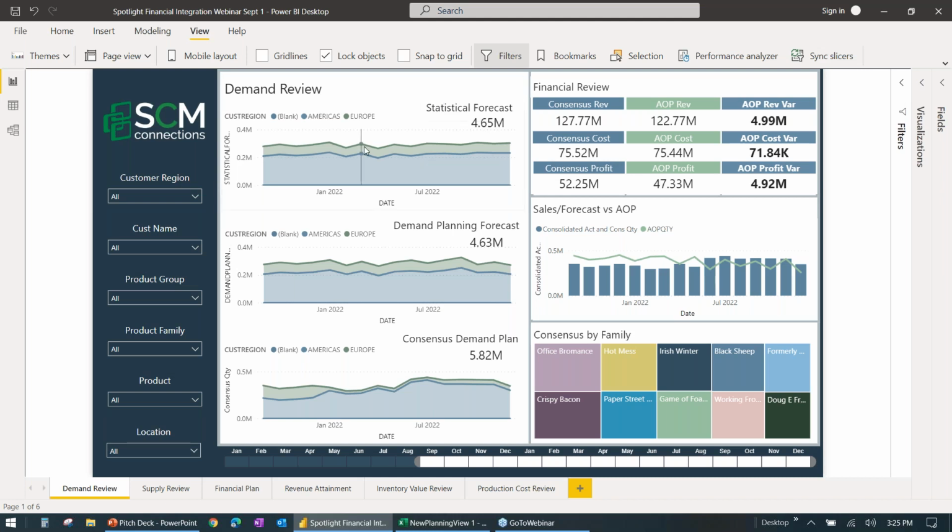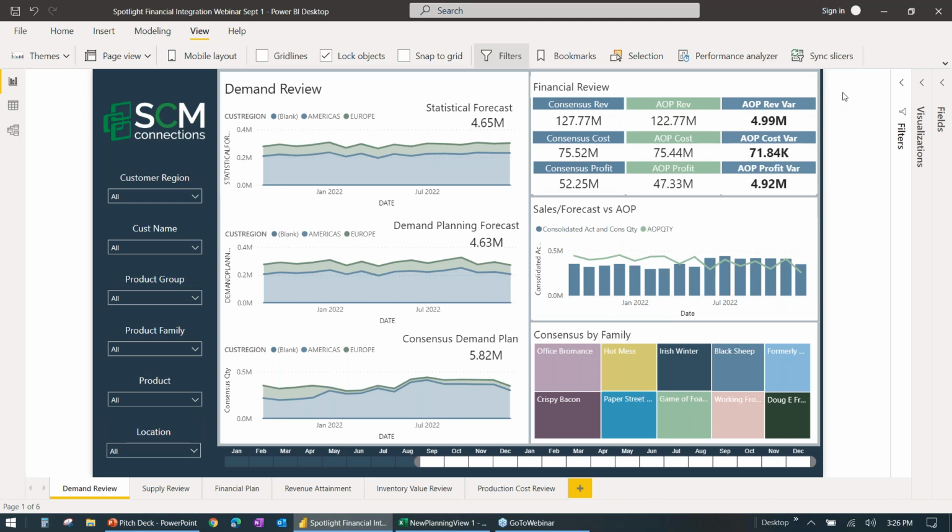Looking at the different demand numbers, and then at things like your consensus revenue, your AOP revenue, your AOP revenue variance, right? So now you're taking these numbers, which are your operational plan going forward, and comparing them to your AOP numbers, and then looking at the variance for each one of those.